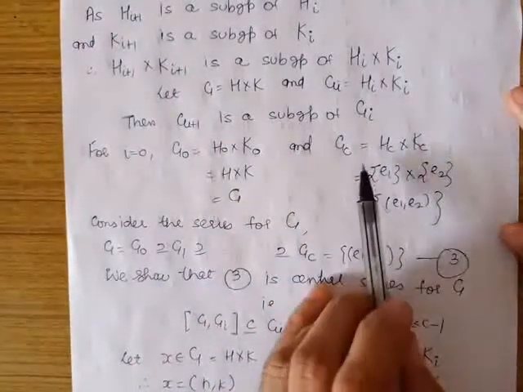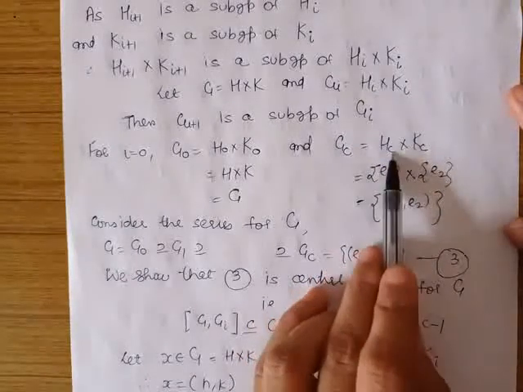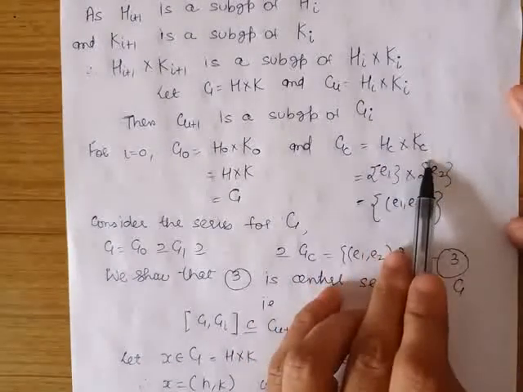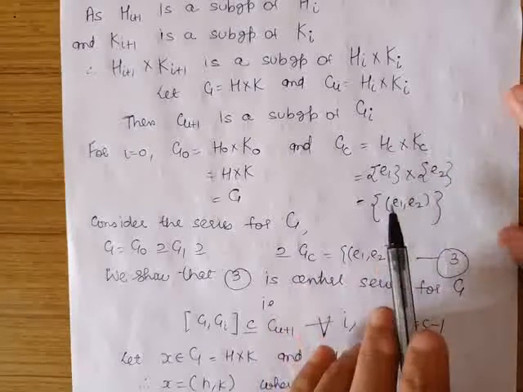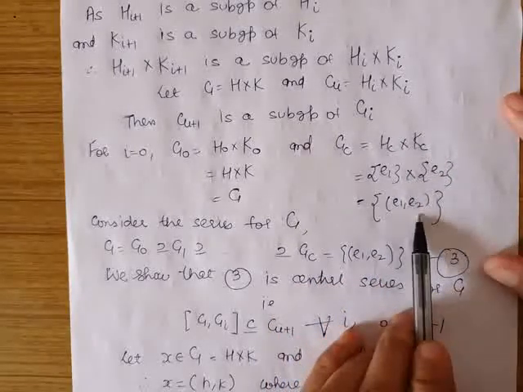And for i equal to C, GC is equal to HC cross KC, and this is the ordered pair E1, E2.